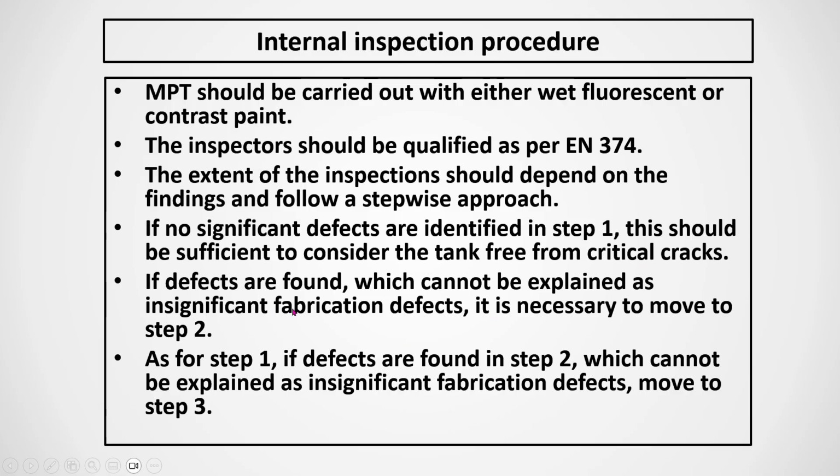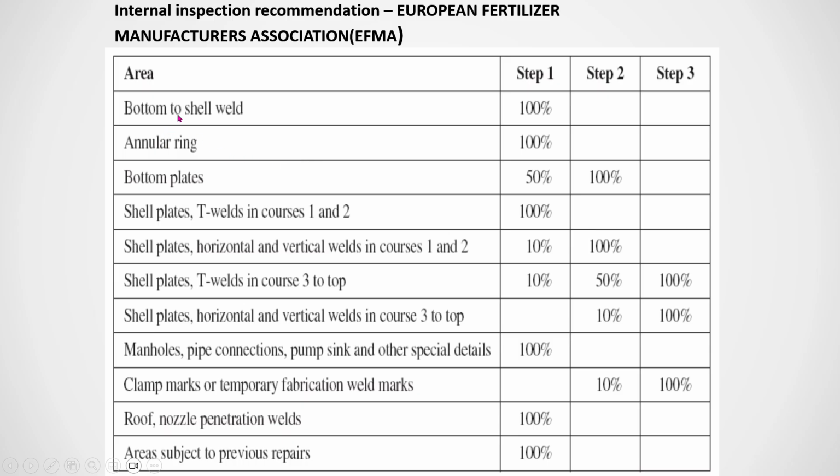But if you are getting some defects in step 1 and they cannot be explained as insignificant fabrication defects, it is not a fabrication defect, then it is necessary to move to step 2. You have to go to step 2 and do the inspection as per the requirement. And then again in step 2, if you have found some defect that cannot be explained as an insignificant fabrication defect, then you have to move to step 3.